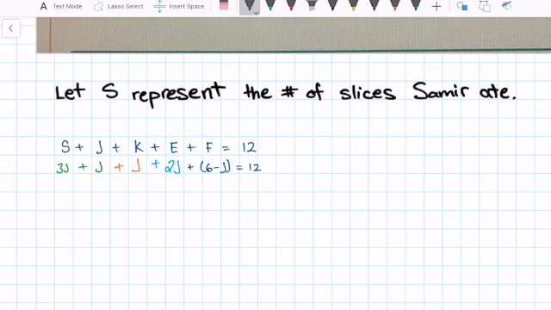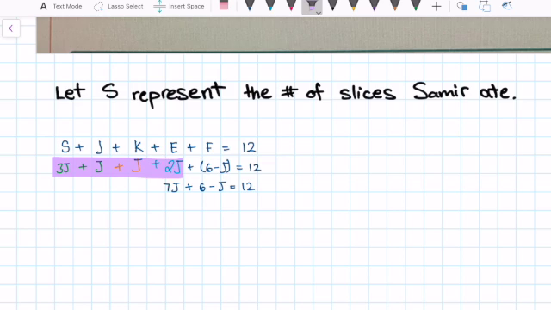The next thing that we need to do is collect all of the like terms. So let's start off with the first one. That's very simple. Let's just add those up. 3j plus j plus j plus 2j is going to equal 7j, plus 6 minus j equals 12.